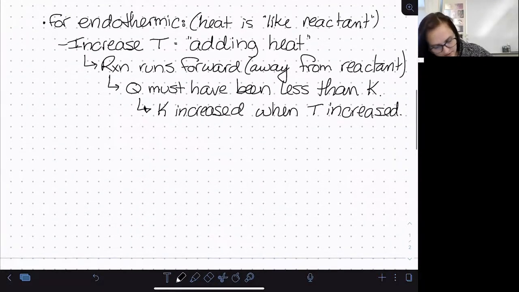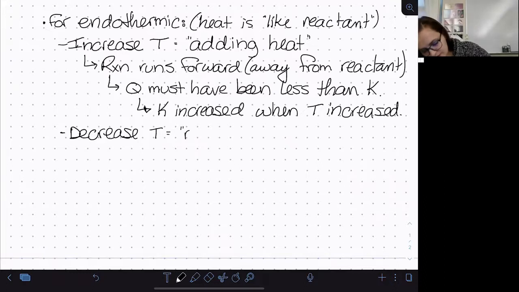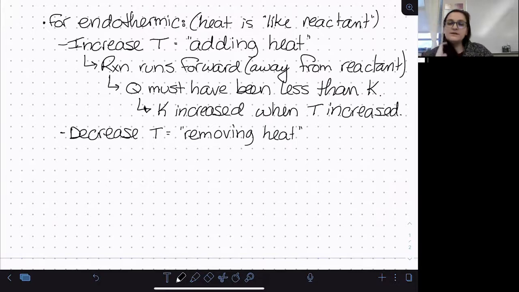Decreasing the temperature will get us all the opposite things. Decreasing temperature is like removing heat, so this is something that is like removing a reactant.